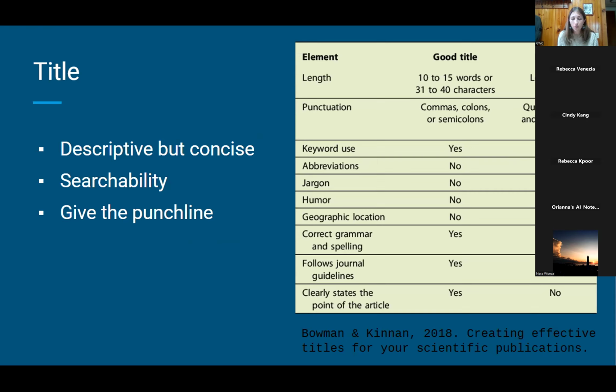So I know, when I am doing a literature review or going on Google Scholar to figure out what I need to include in my background and my intros and that kind of stuff, the first thing I do is look at a title and see if that's something that I could include or if I would even be interested in including it. So you want your titles to be descriptive. You want them to be concise so they stick out. And you want them to have searchability.